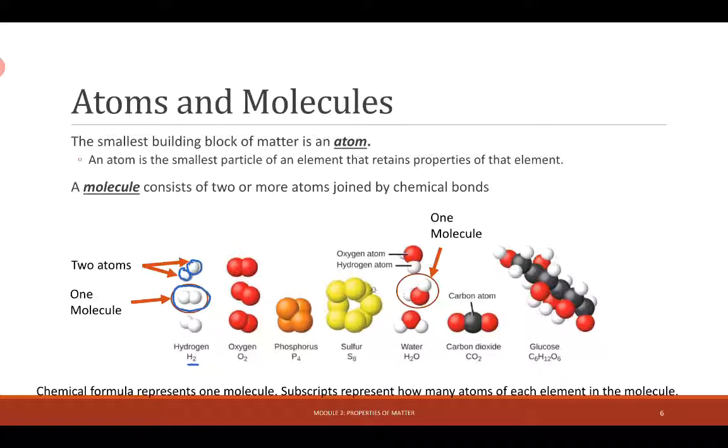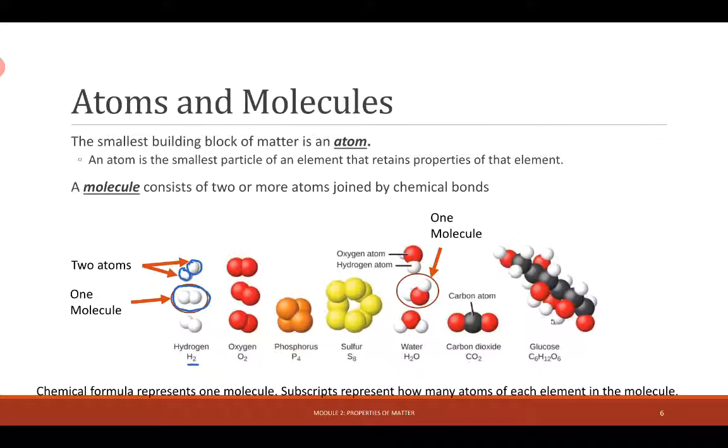You can also combine different elements together and make what we call compounds. That will be in a later lecture. Each water molecule here consists of 1 oxygen and 2 hydrogens, and so we would represent that as H2O. Carbon dioxide consists of 1 carbon and 2 oxygens, and so 1 molecule of CO2 has 1 carbon and 2 oxygens.